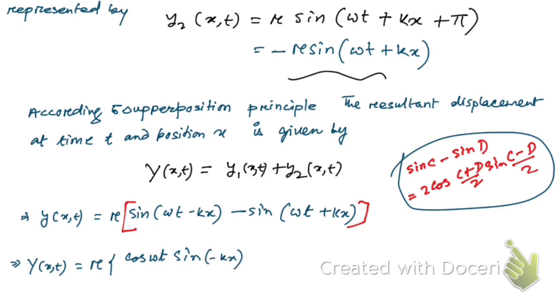We know sine of minus theta is minus sine theta, so at the end we get minus r cos omega t sine kx. That's what we're going to have. Hope you have understood this. So let me rearrange this, copy this and go to a new slide.